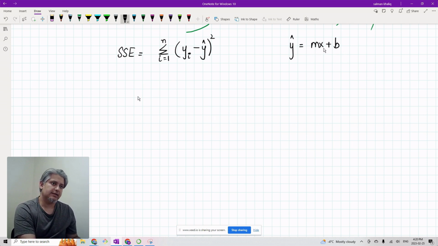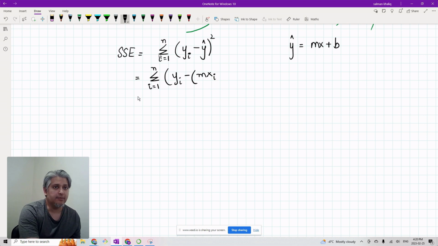When I say x here, this x should get an i value when I substitute it. So the sum of all the values, i = 1 till n, and I'm going to substitute yi minus, first putting it in a bracket, xi.